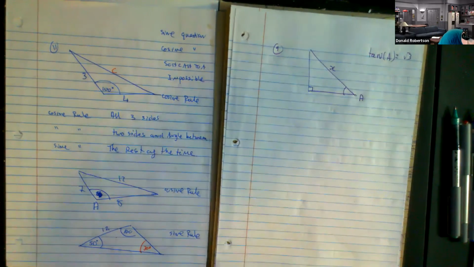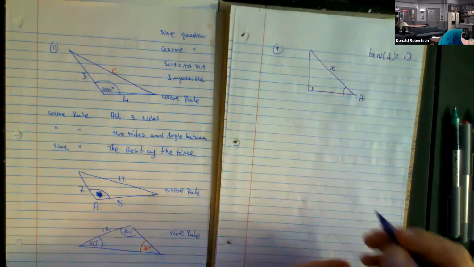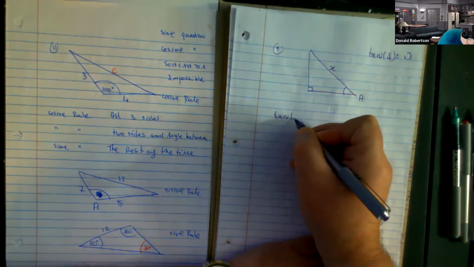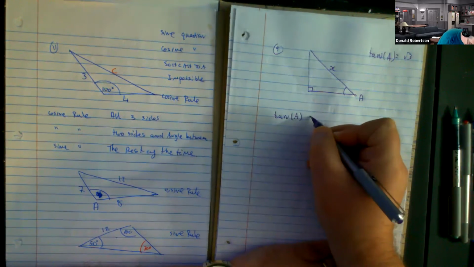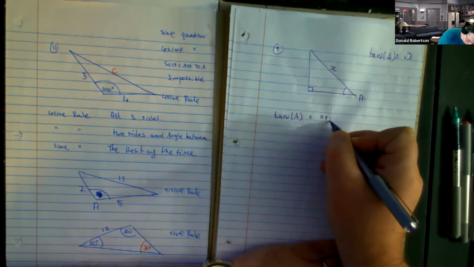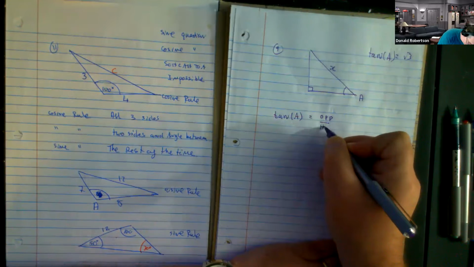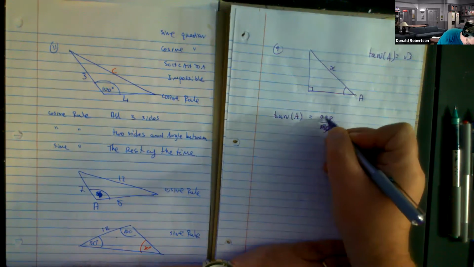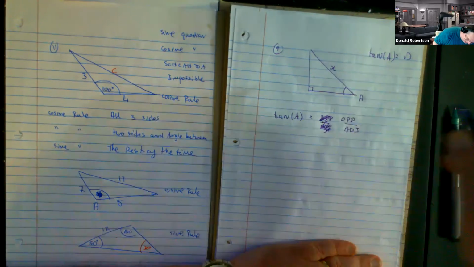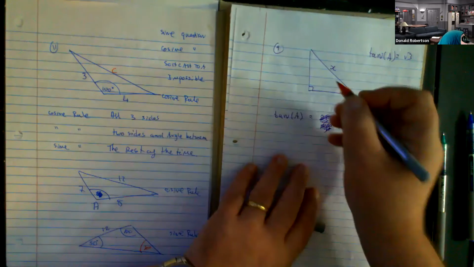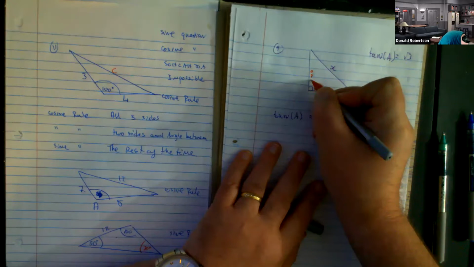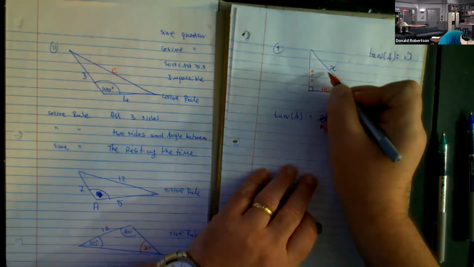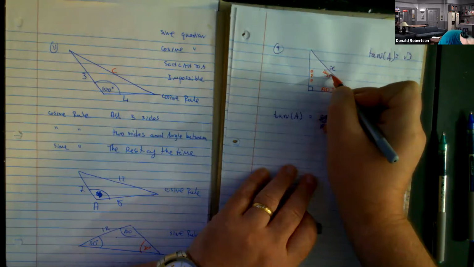Now, I know the tangent of angle A is given in SOHCAHTOA as opposite over adjacent. And from this angle's perspective, this side is called the opposite, this side is called the adjacent, and this guy over here is called the hypotenuse.